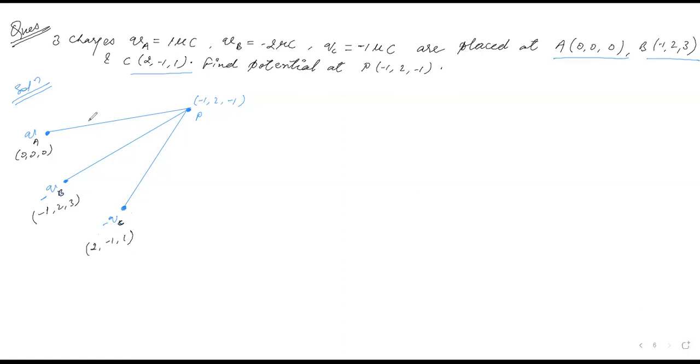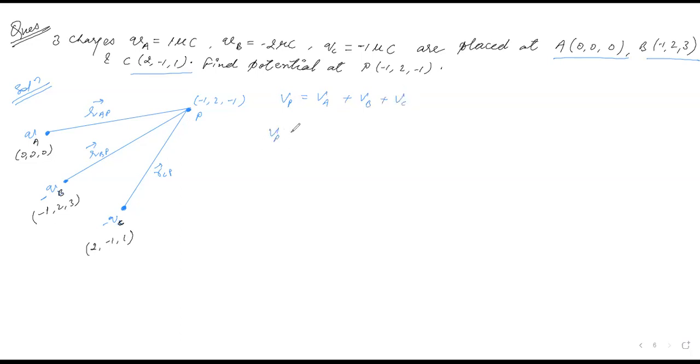Now, what is your separation? This is your R AP, this is your R BP, and this is your R CP. Now, what is the value of potential at point P? Your VP is VA plus VB plus VC.